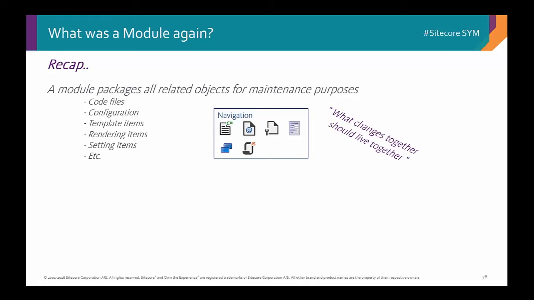This means that everything that's related to one another, code files, configuration, template items, rendering items, setting items, etc. All of this, if they have the same reason to change, they belong in a module. So what changes together should live together.